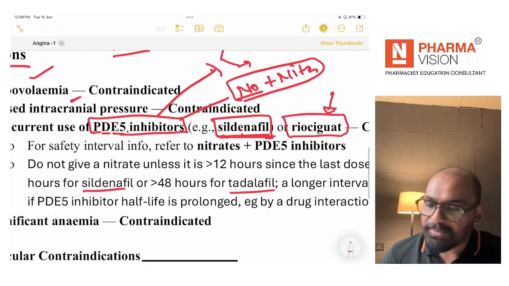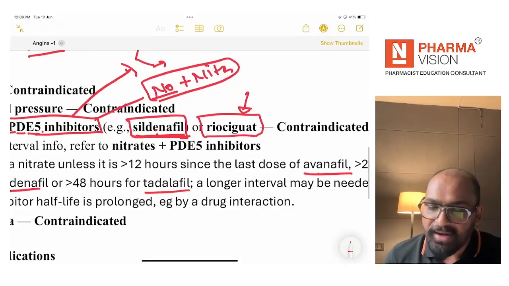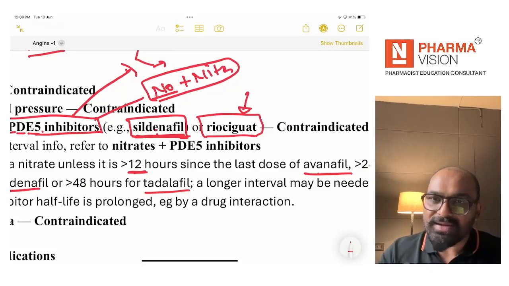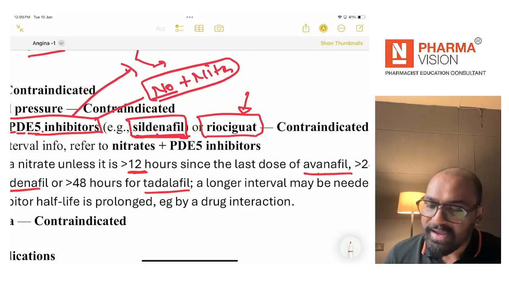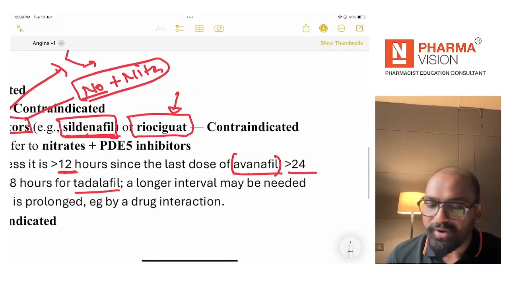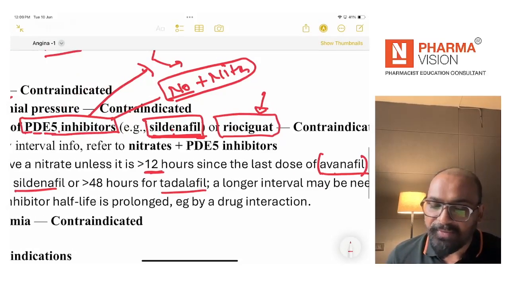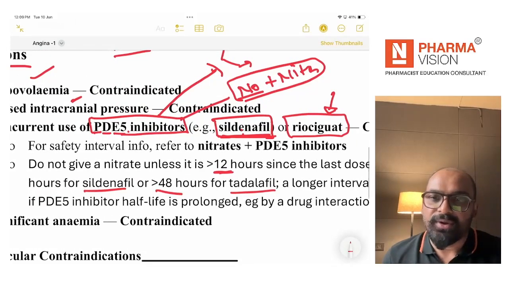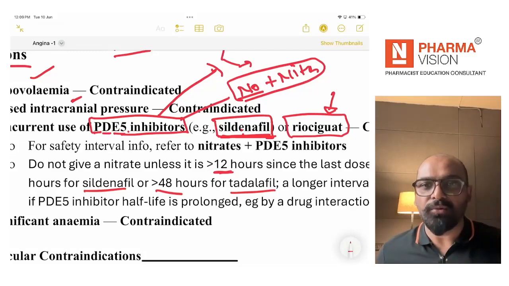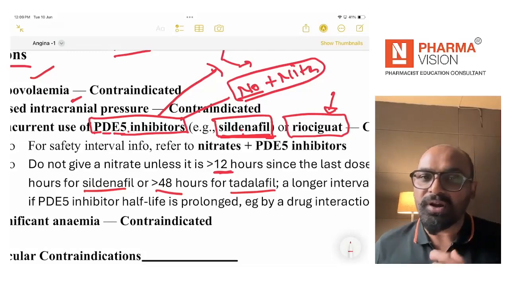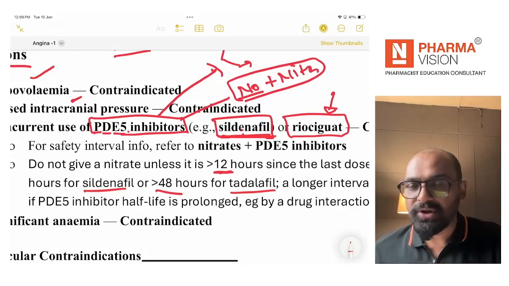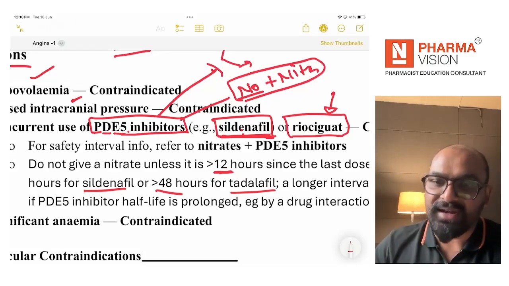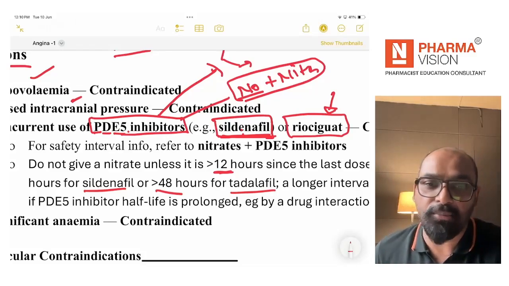For example, if the patient is taking avanafil, a gap of 12 hours or more between the nitrates and this medication should be okay. For sildenafil, it is more than 24 hours, and for tadalafil more than 48 hours. That means a significant amount of the medication has gotten out of the body. In that situation, we can use the combination, so there is a relatively lower possibility of developing hypotension.